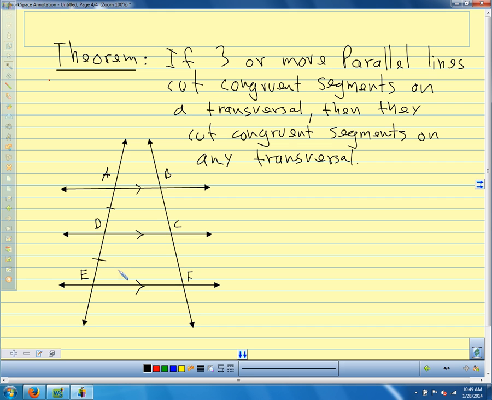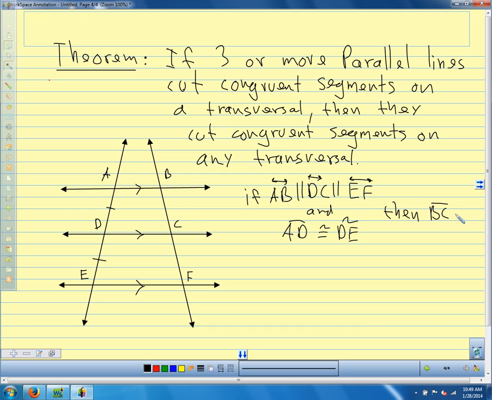So we're saying that if line AD is parallel to line BE, and that's also parallel to line CF, and segment AB is congruent to segment BC, then we know that segment DE is congruent to segment EF.